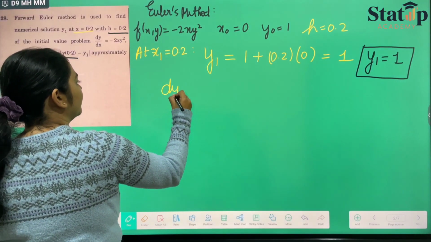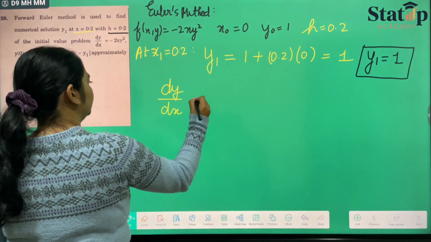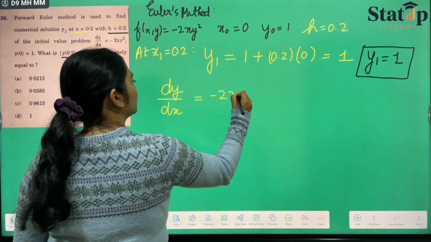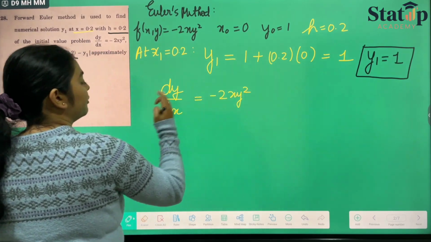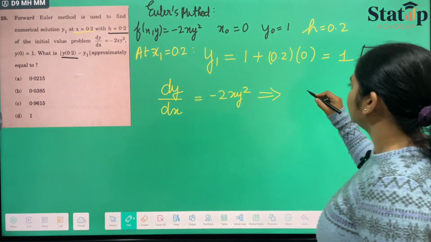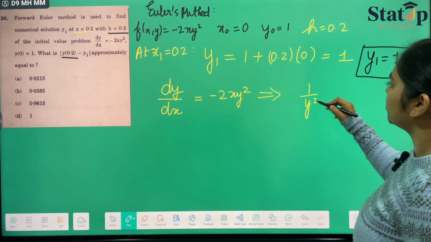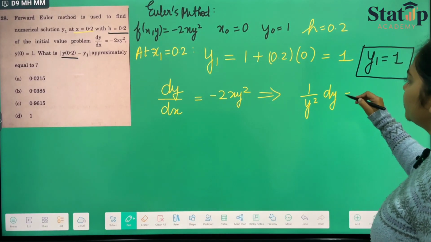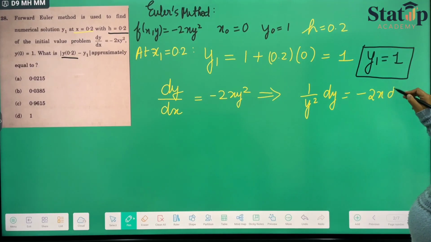Here we have been given dy/dx equal to minus 2xy². If we place y on one side and x on the other side, this will give us 1/y² dy equal to minus 2x dx.